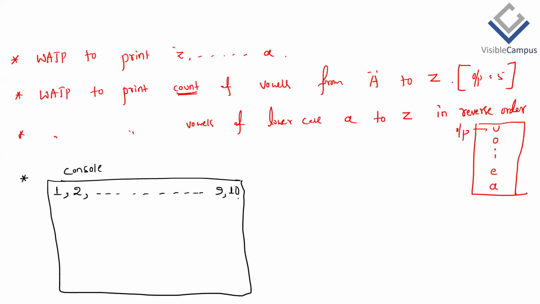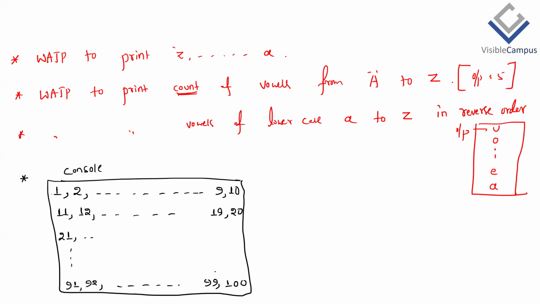After 10, no comma. The next row starts from 11, comma, 12, and so on, 19, comma, 20, no comma. Next line, 21, and so on, up to 99, comma, 100, no comma. No space before 1, no space after 100 also.